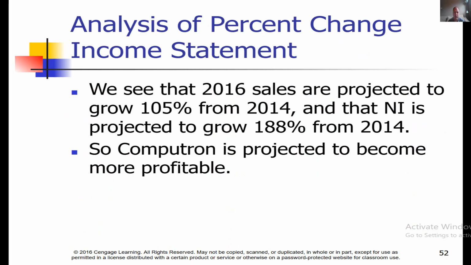So we see that 2016 sales are projected to grow 105% from 2014, and then net income is projected to grow 188% from 2014. So they are projecting themselves to be profitable. Of course, a company will always say the future will be better, so invest with us.